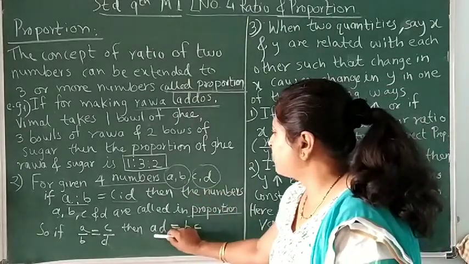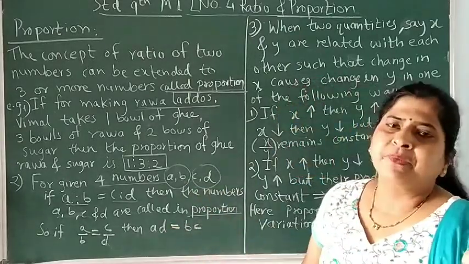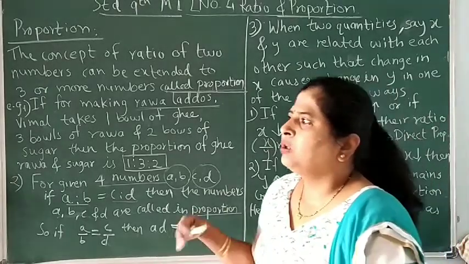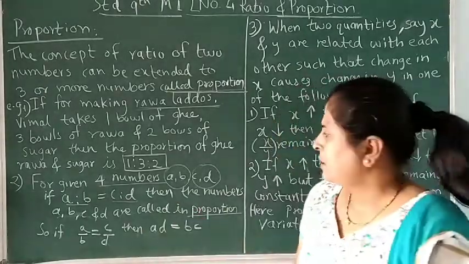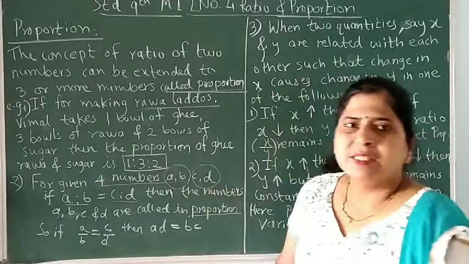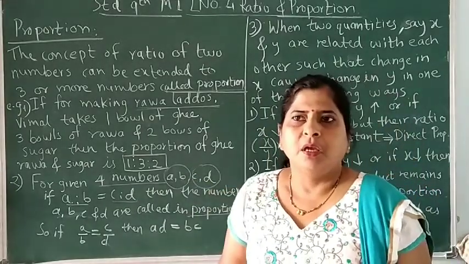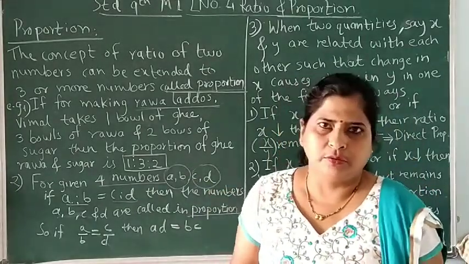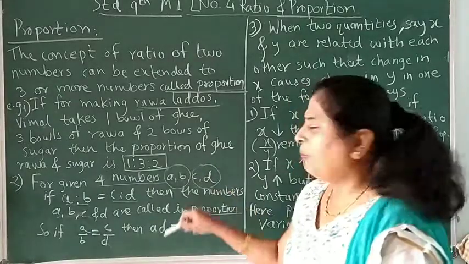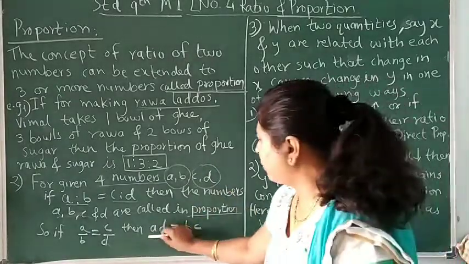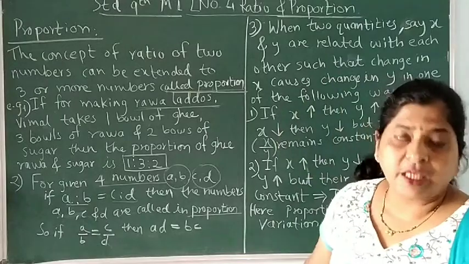So product of extremes is equal to product of means. We will do sums on this in the next video. If we know any three of these four numbers and want to find the fourth number, we can find it using this equation.